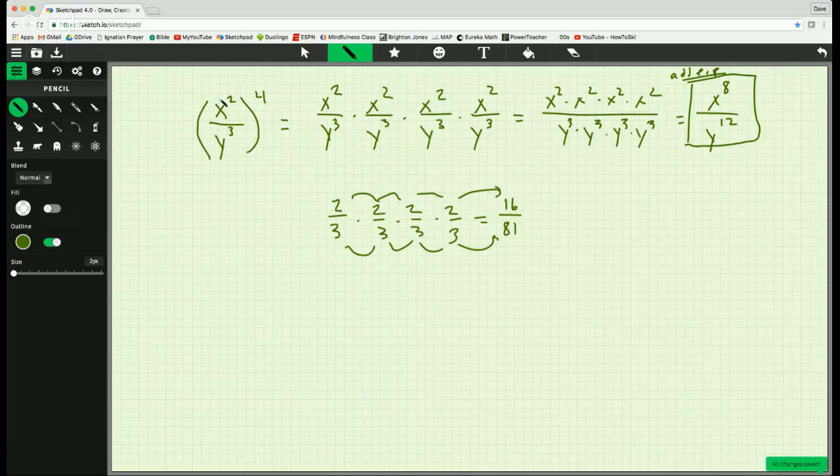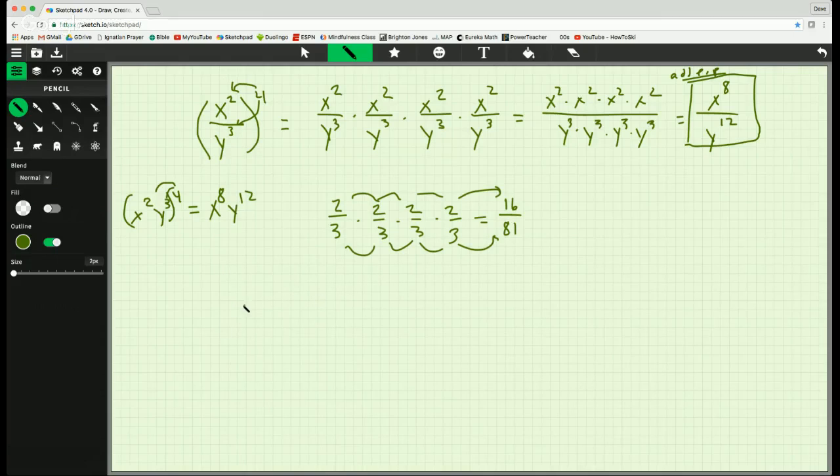And so you can see the rule applies. The same rule applies if we were to say x to the 2nd over y to the 3rd, all to the 4th, and we do our multiply down, x to the 8th over y to the 12th. We just do the same multiply down, even if we have these as fractions.